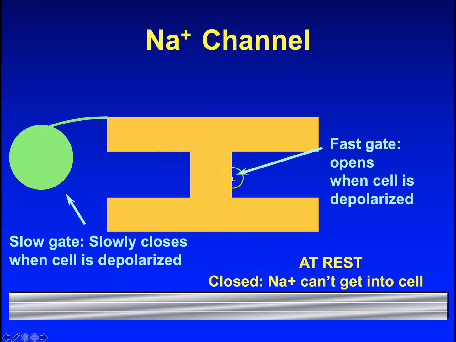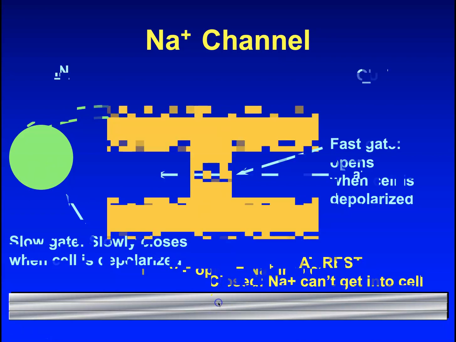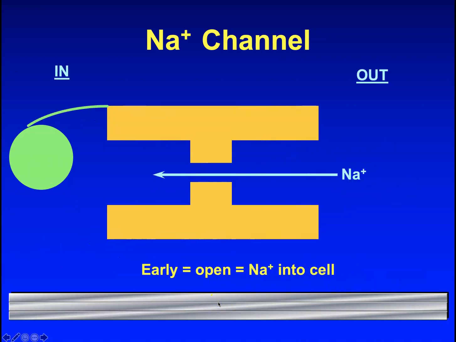So at rest, the fast gate is closed, sodium can't get in, even though the slow gate's open. But when you hit minus 55 millivolts, the voltage that opens up the voltage-gated channel, the fast gate opens up, sodium can rush on in.